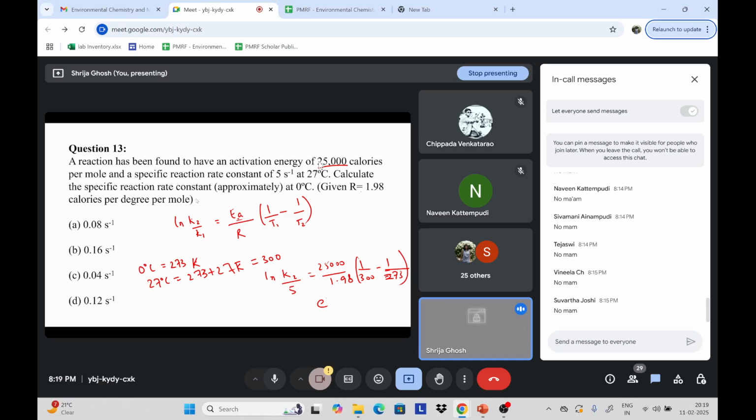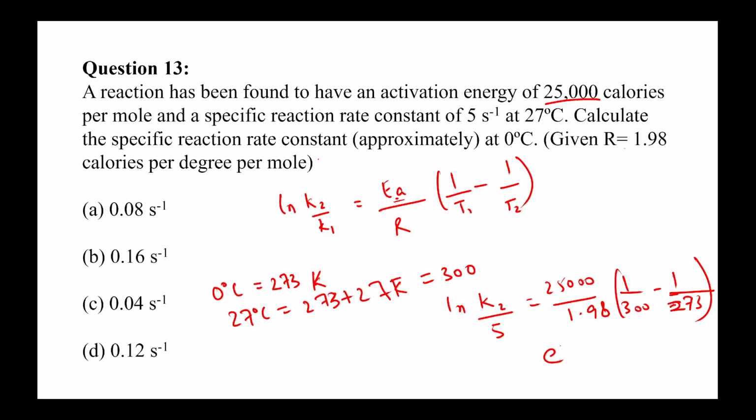Let me know if anyone is able to solve the question. Everybody try to do the calculation. Then only you will be able to understand the question. And it would be a good practice for you also.